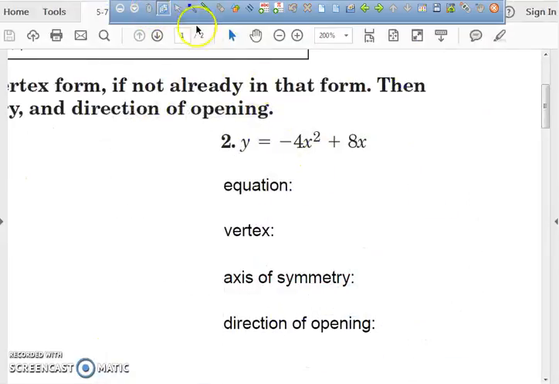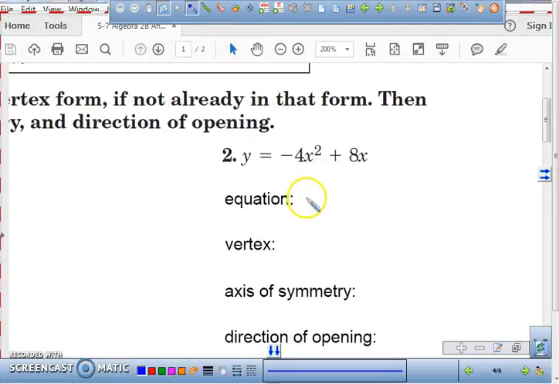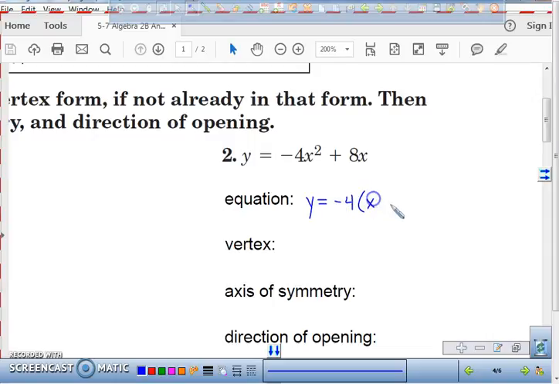Right now, here's our equation. Our final equation was y equals negative 4, open parentheses, x minus 1 squared, plus 4. Our vertex, remember, everybody, is going to be h, comma, k. Our h value is? No, it's actually a positive 1.